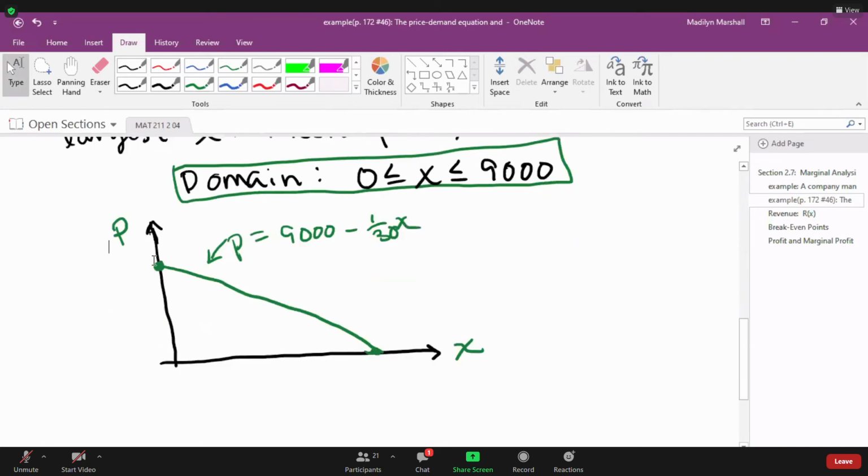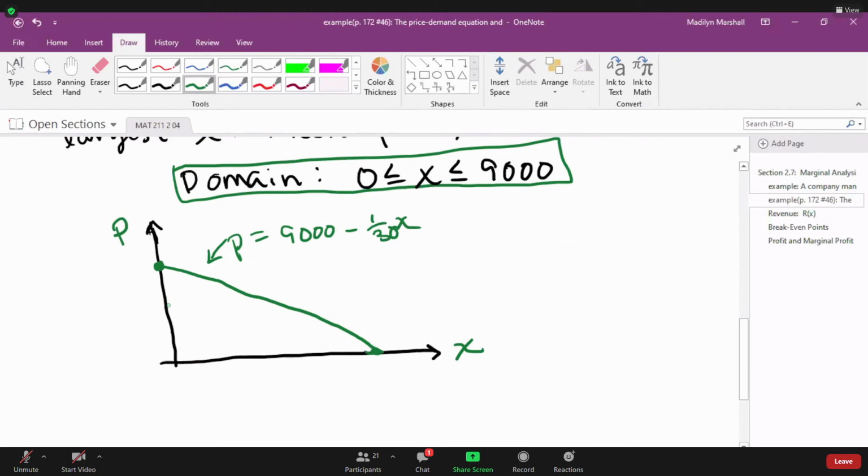We do not want any x values that are going off in this direction, because that would be a negative x, and it doesn't make sense to sell negative products. We also don't want any part of the graph that goes off in this direction, because then we would have a negative price for our TVs, which also doesn't make sense. So we have to be working only in quadrant 1, where both x and p are not negative.